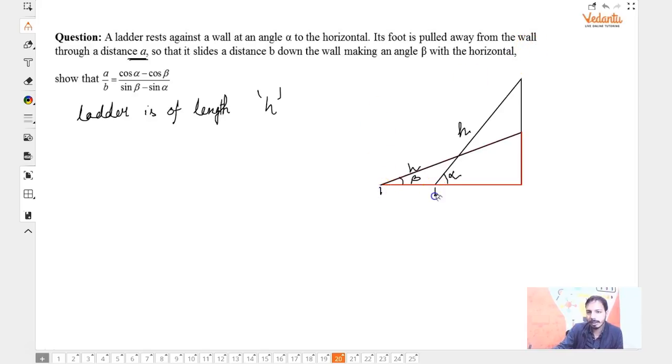That means this length is a, so that it slides a distance b down the wall. So this length should be b.